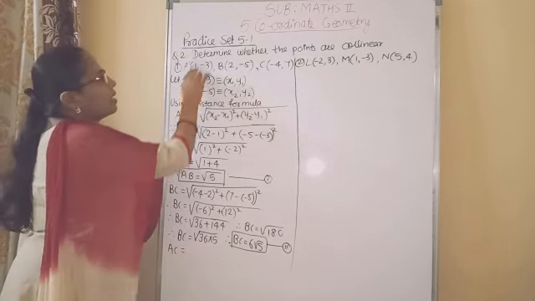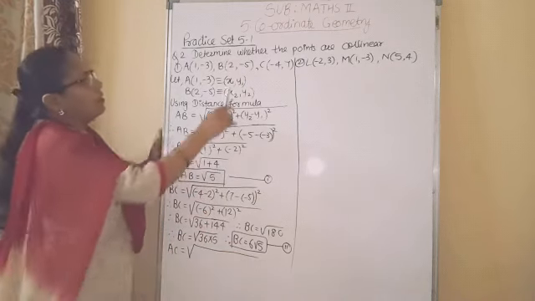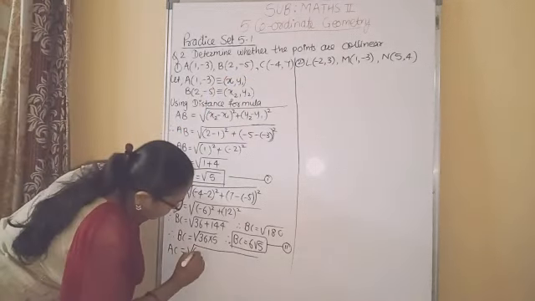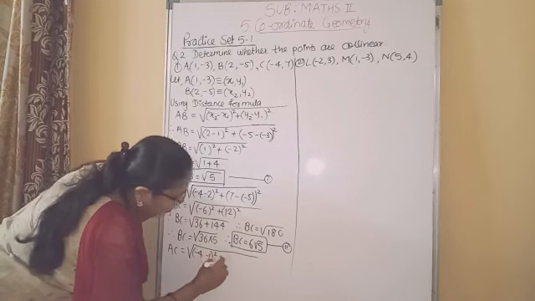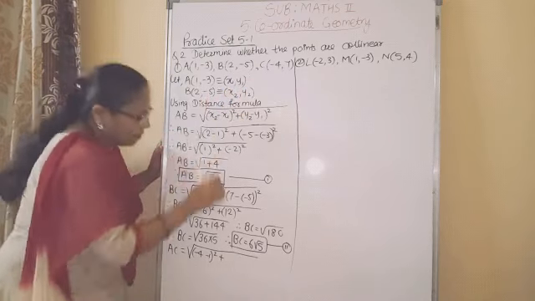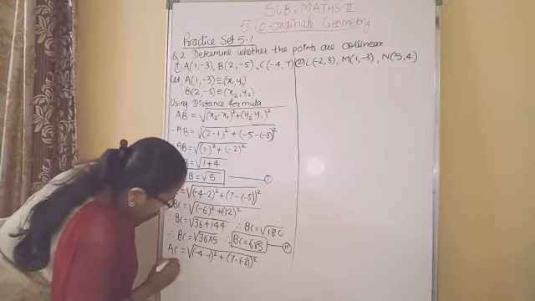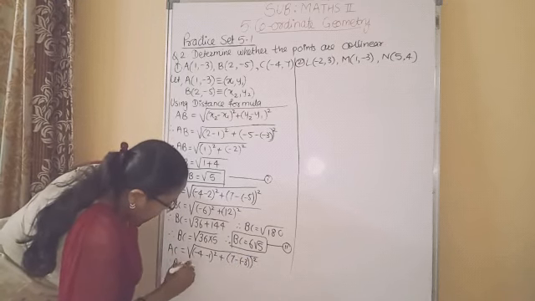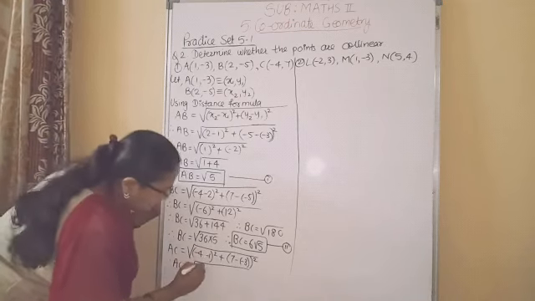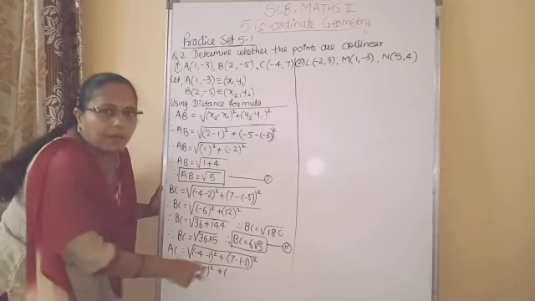AB, BC and now AC. So x2 minus x1, minus 4 minus 1 square, plus y2 minus y1 square, 7 minus minus 3 square. Minus 4 minus 1 is minus 5 square, plus minus minus become plus.